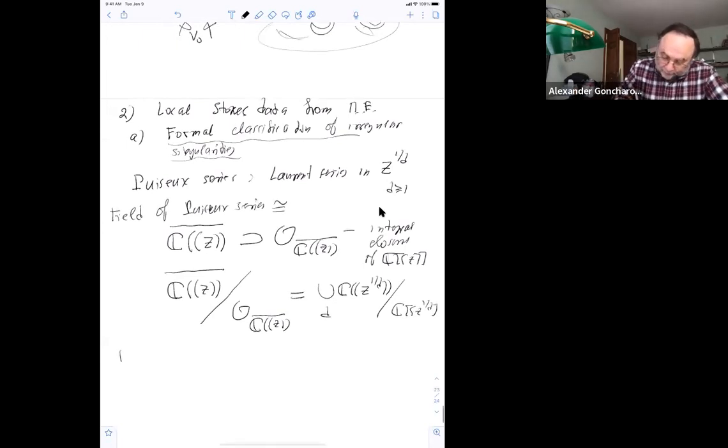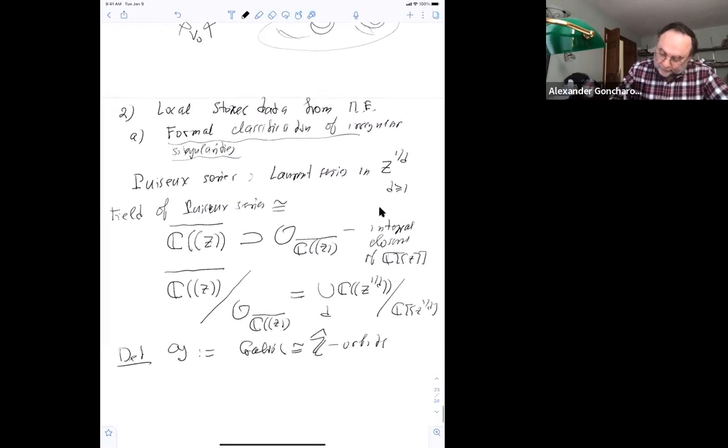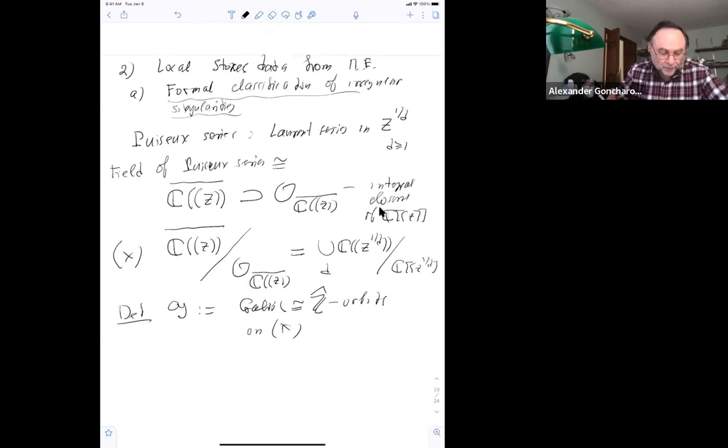And now the definition: we call G just the Galois orbits, and the Galois group in this case is isomorphic to the group Z hat, orbits on this quotient. Let's call this quotient star on star. So basically I consider this quotient, but actually only Galois orbits matter.